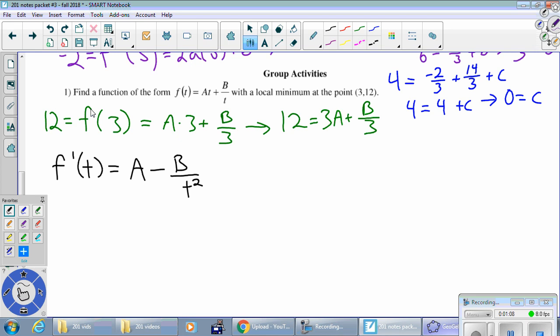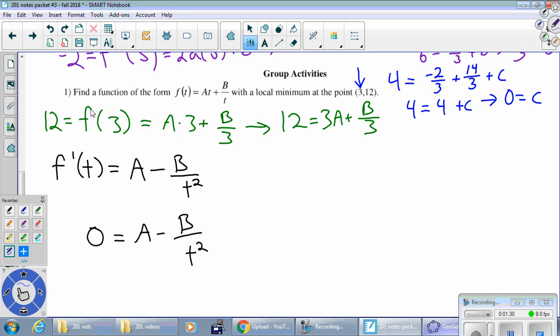Now, if you have a local minimum, then your derivative at that point is probably 0. Your derivative could be undefined, but in most cases we've dealt with, the derivative was 0, so our derivative is supposed to be 0. But actually, I have not taken advantage of the fact that I know the t value at this spot is 3.